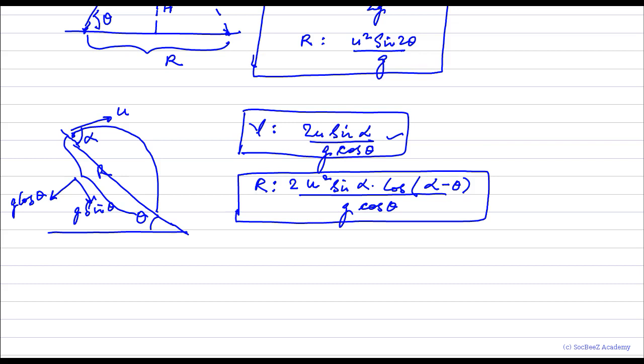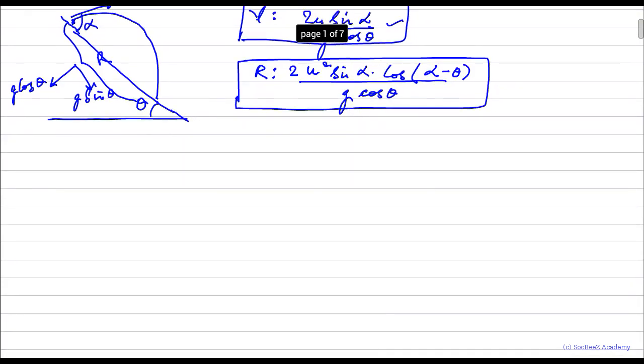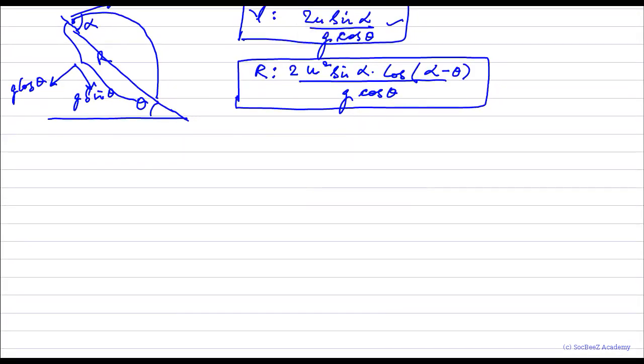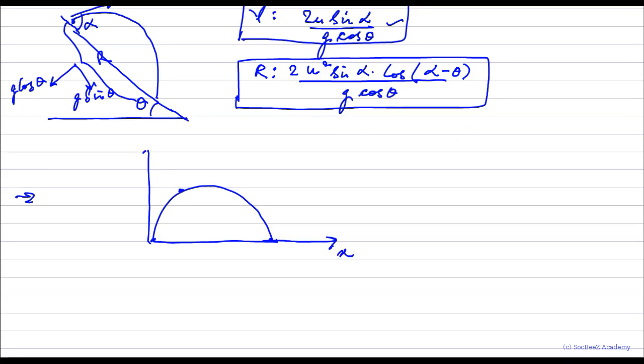And the third concept which I need to remember in case of projectile motion is the equation of trajectory. That equation of trajectory I am going to write down for the simple projectile case, that is the projectile on the horizontal plane. So let's say at any point on the trajectory, its coordinate is x comma y, considering the initial point of projection as the origin.